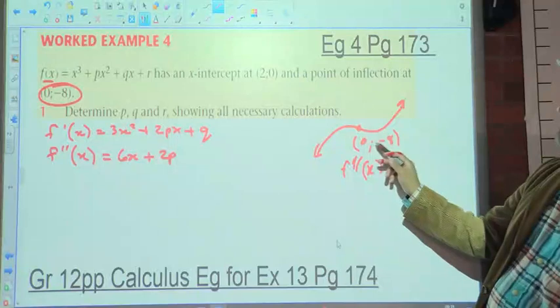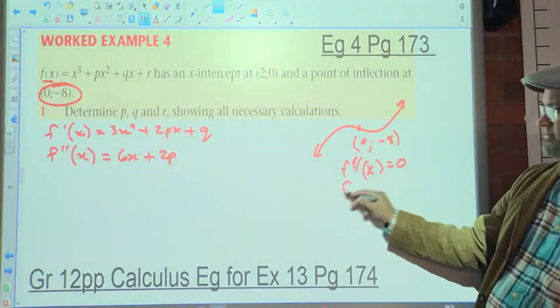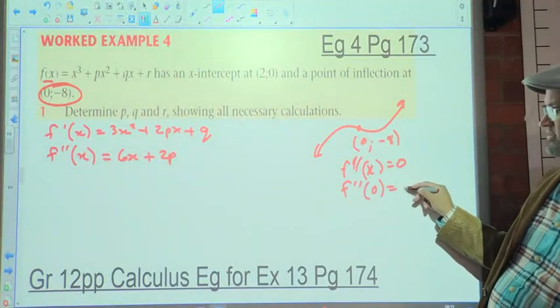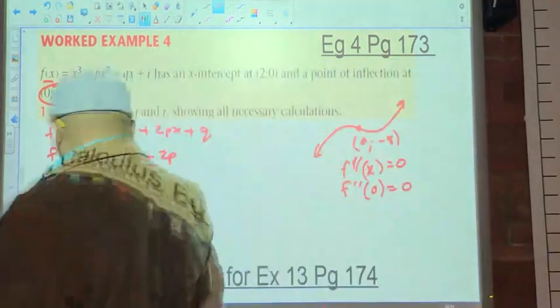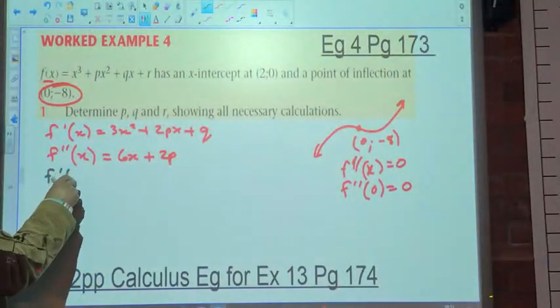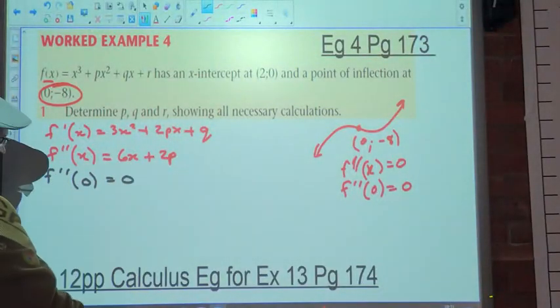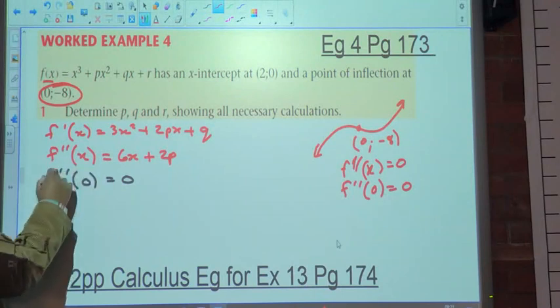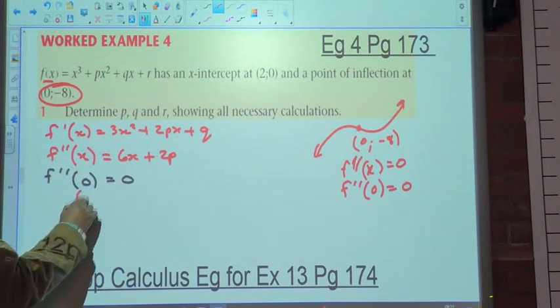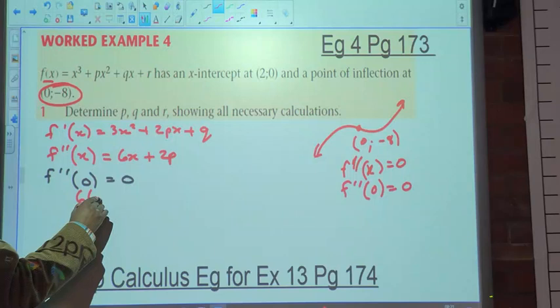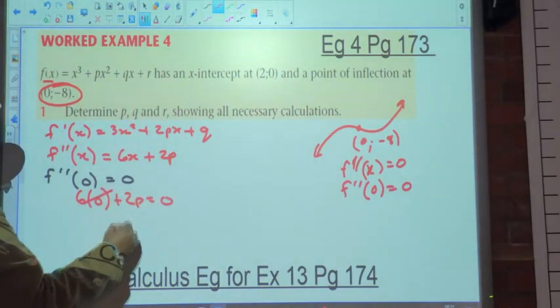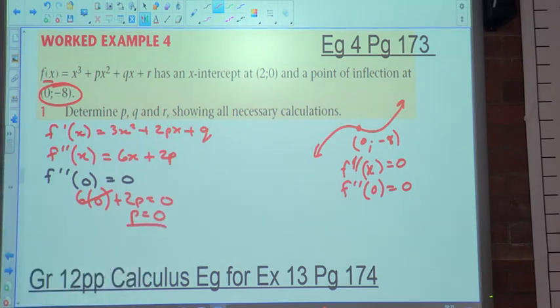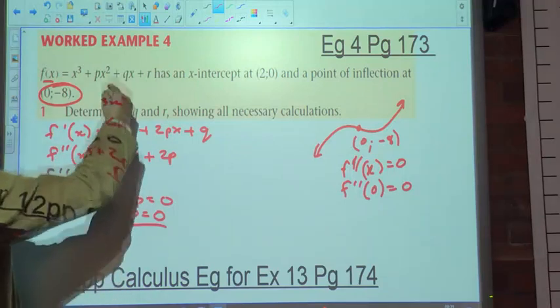And what is the x value at which this occurs? 0. So f double prime of 0 is actually 0. With that information, that would simply give us 6 times 0 plus 2p is equal to 0. Divide by 2 on both sides, so p is equal to 0. So the p value is sorted, and this basically falls away.